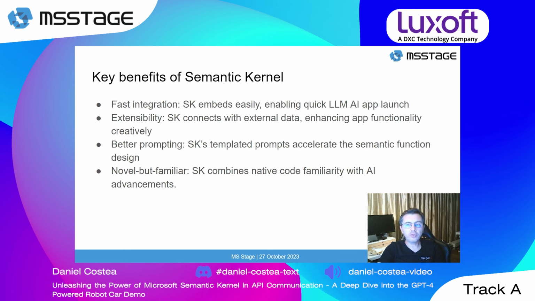Semantic Kernel introduces templated prompts with templated prompt syntax, providing you with a tool to design semantic functions. And finally, novel but familiar. With Semantic Kernel, you get the familiarity of native code alongside the new advancements in AI, offering you the best of both worlds.